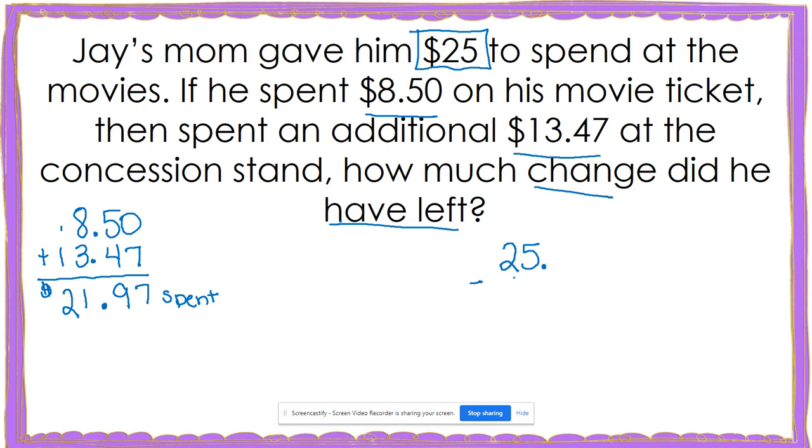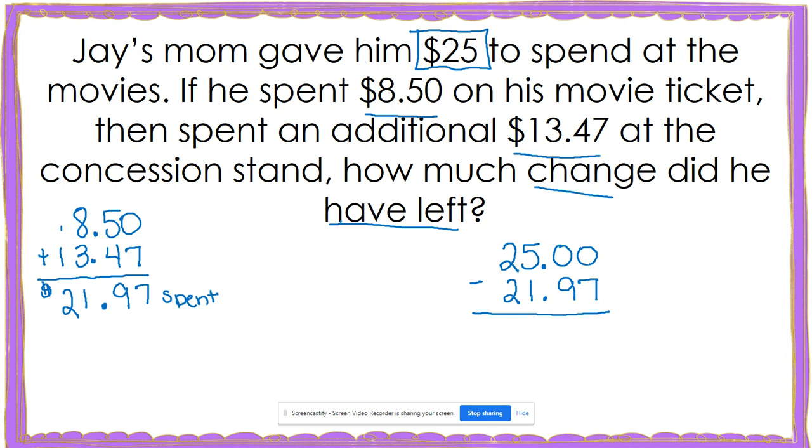So there's actually a decimal behind my 25. Now I can line up my decimals by writing 25 minus 21.97. Now I do need to put zeros as placeholders. Again, 25.00 does not change the value of my $25.